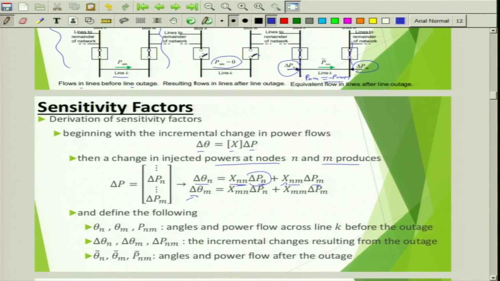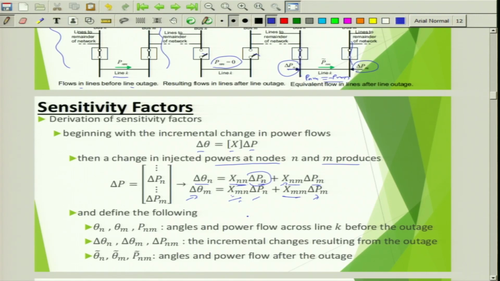Similarly, the change in angle at bus M, that is delta theta m, is nothing but xmn into delta Pn, the dependency of the change in angle at bus M on the power change at bus N, plus xmm into delta Pm, the dependency on the change in power at bus number M. It is an equivalent representation.